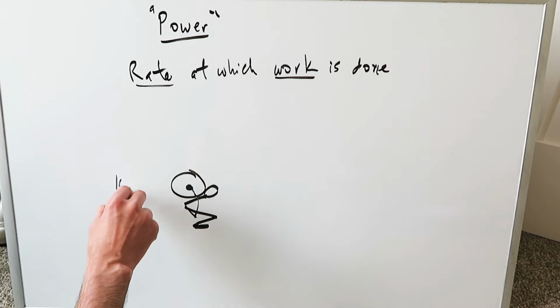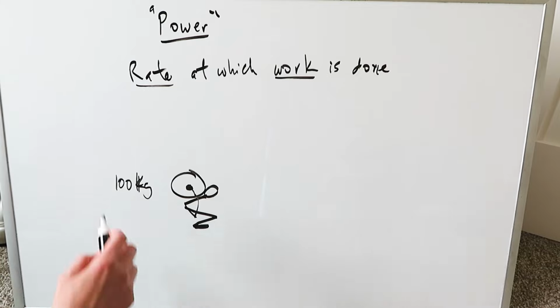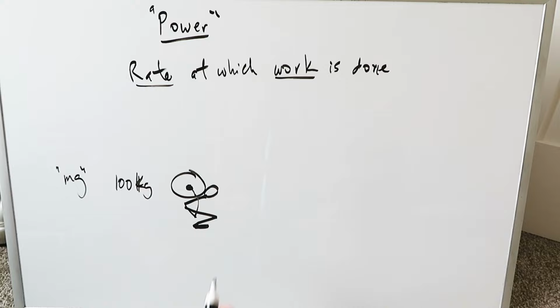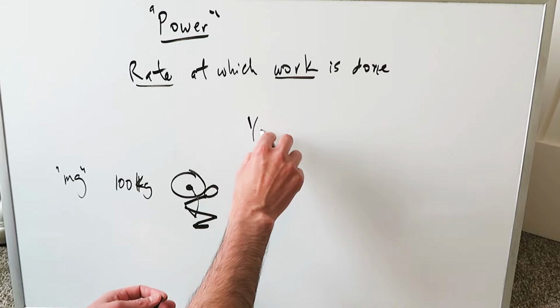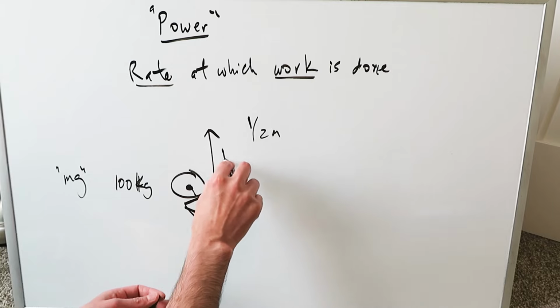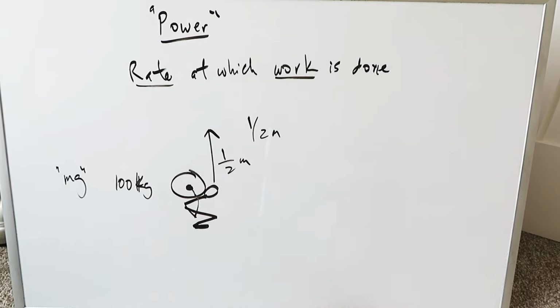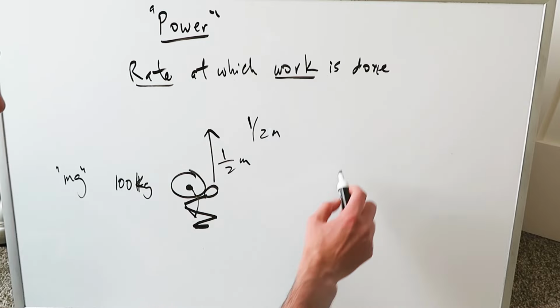I have a certain weight here, and the weight is 100 kilograms. What does this 100 kilograms entail? It entails mass and gravity. It's a weight. You're going to squat this up a distance of, what, half a meter? That makes sense. We can just keep it in fraction form, or you can do 0.5. How quickly will this person squat it up? That will be the power.